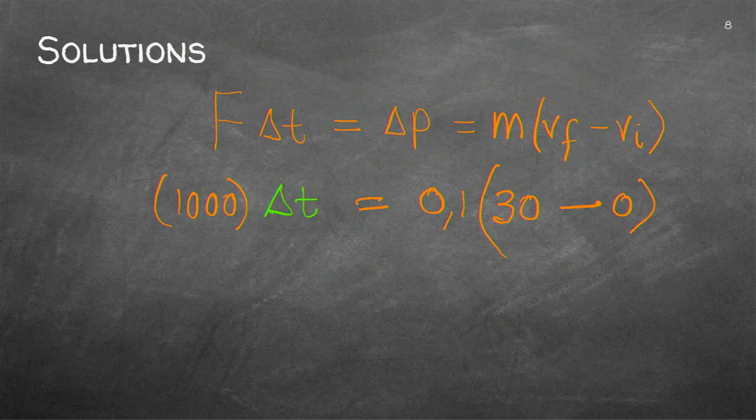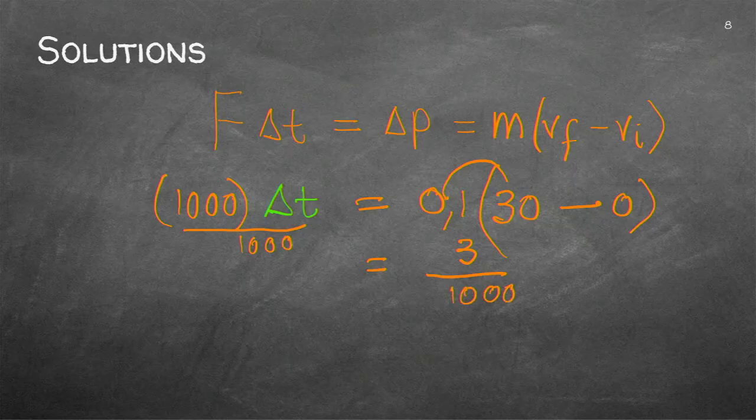How do we do this calculation? You will now take that answer, which would be 0.1 times 30. 0.1 times 0 is 0. And I'm now going to divide by the 1,000 this side and take it to this side. What am I left with? Delta t is now 3 divided by the 1,000.